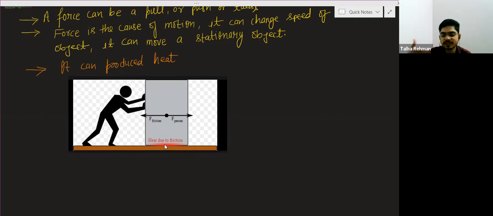Due to that more energy, there will be a higher temperature of the particles, and due to that temperature, there will be heat generation.